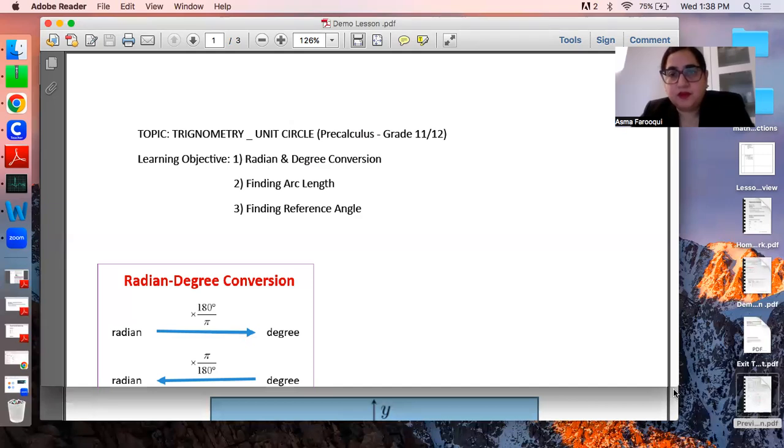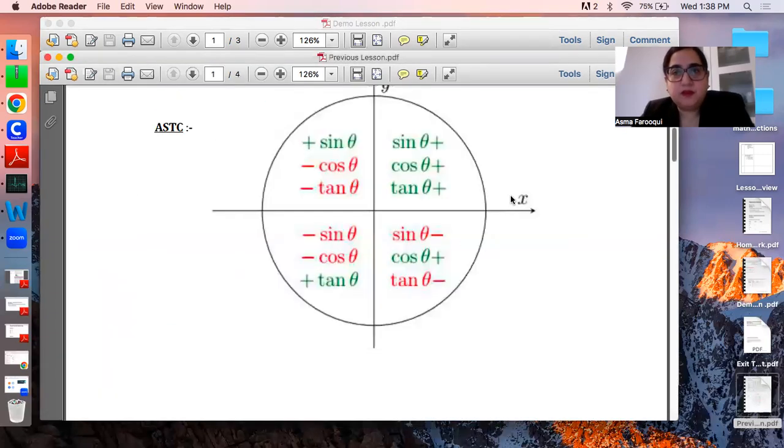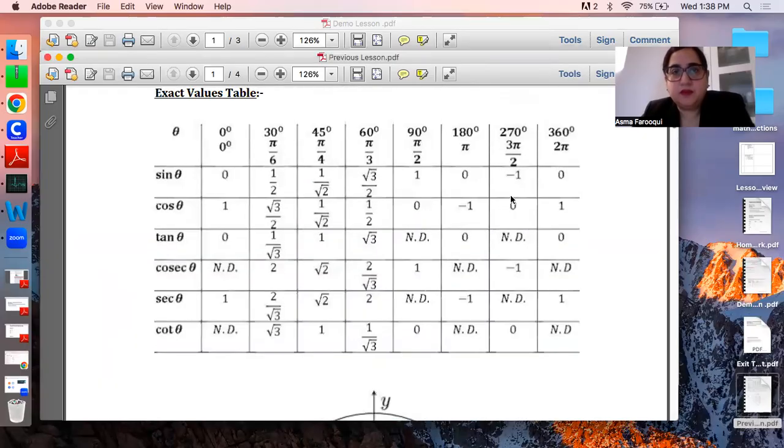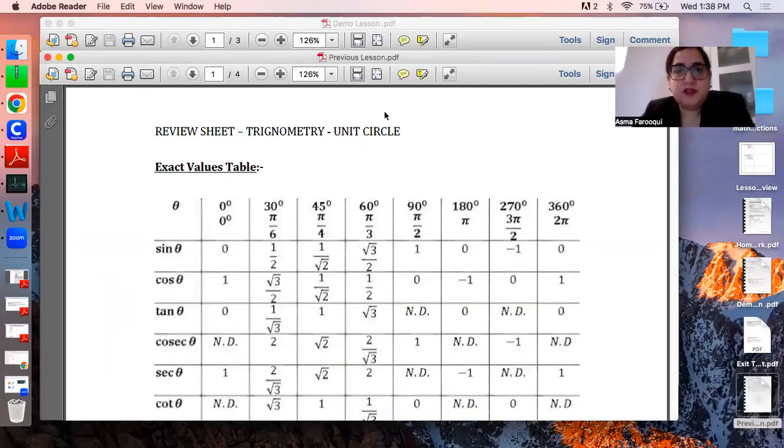So here is the review sheet which I will be sharing with the students, so they don't need to take it down at this point. They will just review it with me, and I will also be able to check how much they remember from the previous class.